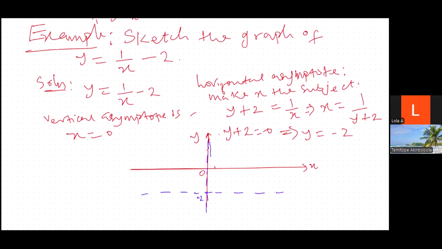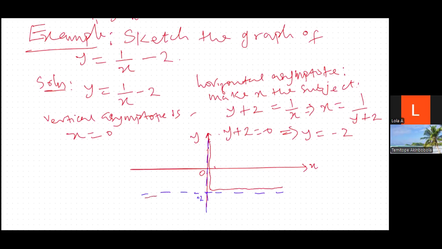It suggests that the graph will now go this way. Sorry, I want to change the color. So the graph will now go this way, tending towards touching that blue line on the vertical, but it will not touch it. And it will go this way. And don't forget, we said it's going to be symmetrical at that point. So the other side will now be this.